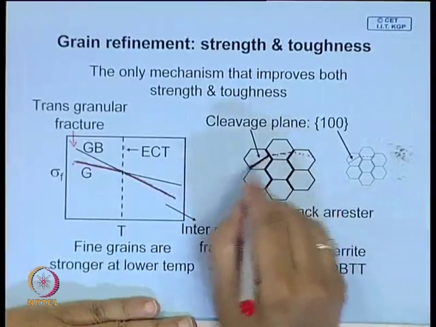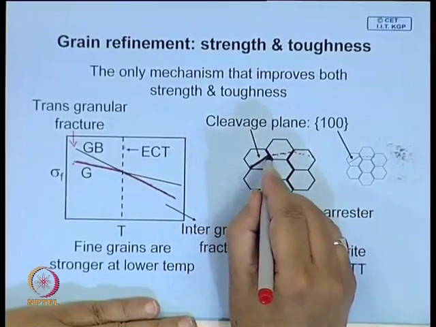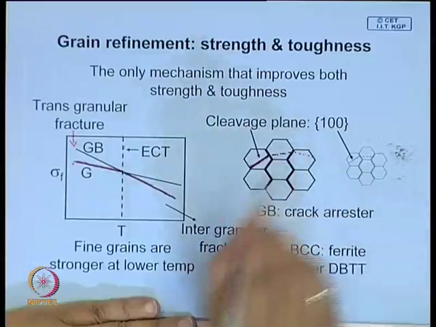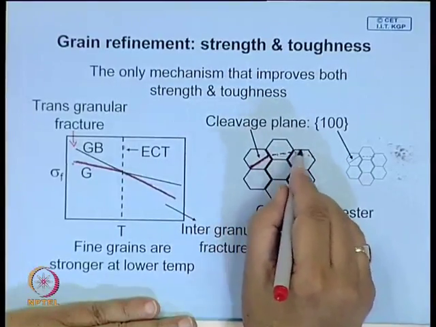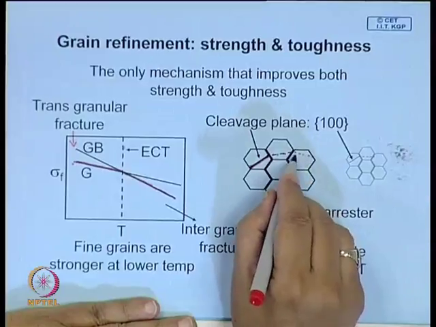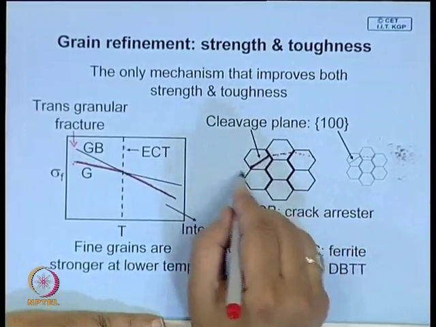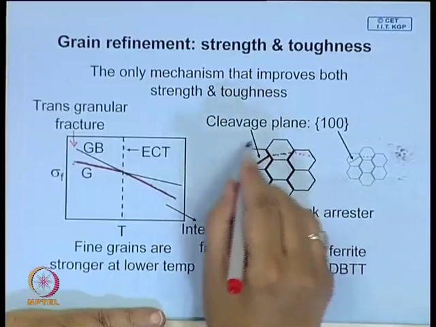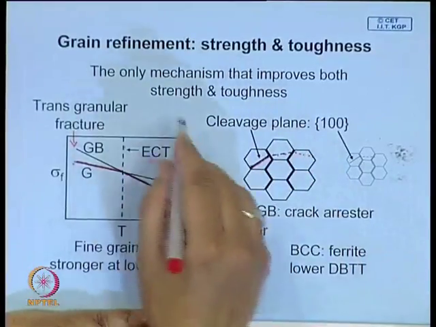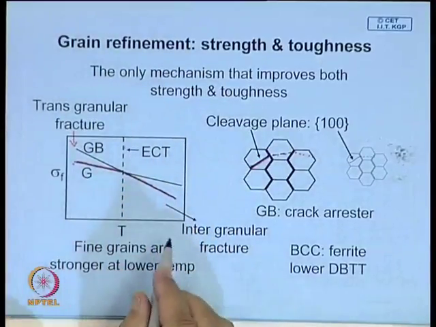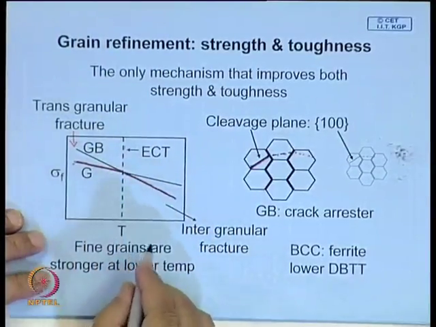This is how the crack is likely to propagate: at every grain boundary the direction has to change, and the neighboring grain may not be favorably oriented for the crack to grow. So, the crack stops. This is why the strength of a polycrystalline material is influenced by grain size.